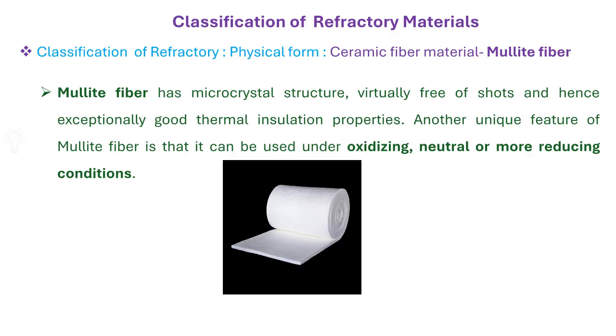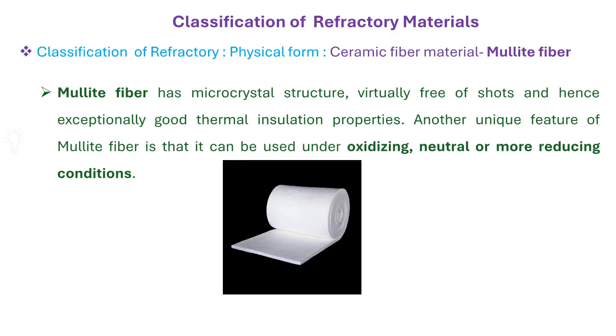This refined structure gives mullite fiber outstanding thermal insulation compared to conventional ceramic fibers. Another unique advantage of mullite fiber is its versatility. It performs well in different furnace atmospheres, whether oxidizing, neutral, or reducing. That flexibility makes it especially valuable in applications where operating conditions can vary.